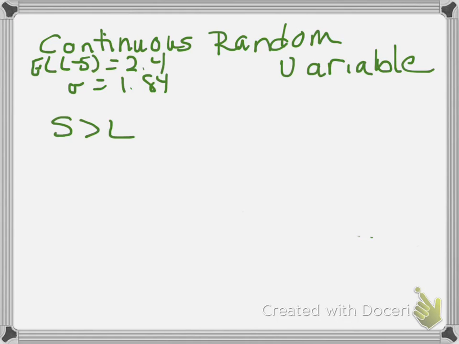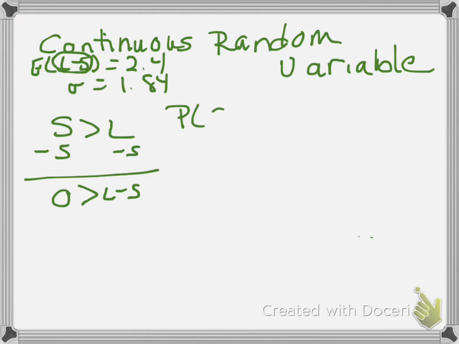All right, so I want to get these all on one side of an equation. Notice here that I have L minus S, so I want to have that L, because I already did the math for this, so why do more work? So I have 0 is greater than L minus S. All right, 0 is greater than L minus S. Okay, so what's the probability that the smaller is greater than the larger?